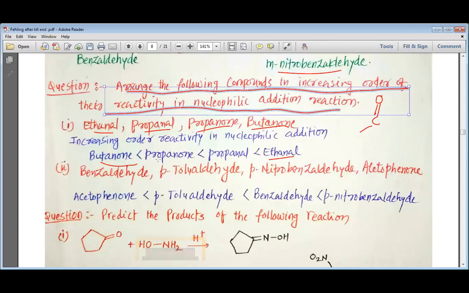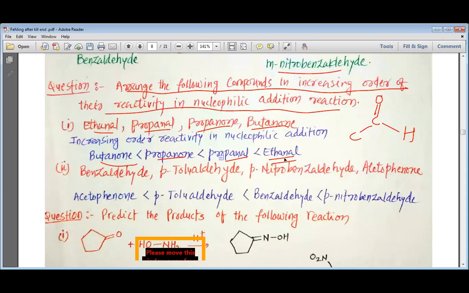Butanone is less reactive than propanone. Propanone is less reactive than the aldehyde propanal, and propanal is less reactive than the aldehyde ethanal, because ethanal has only one carbon bonded to the carbonyl group. But in case of propanal, there are two carbons bonded.